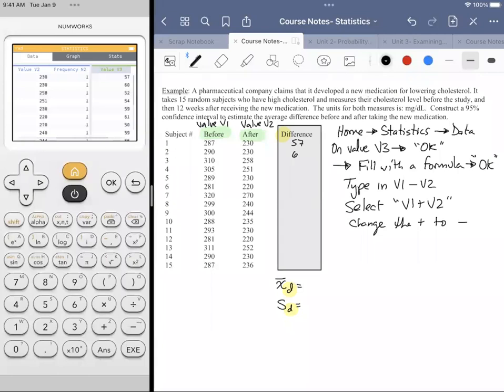All right, so 57, 60, 52, 54, 59, 61, 50, 59, 56, 53, 63, 61, 59, 60, and then 51.